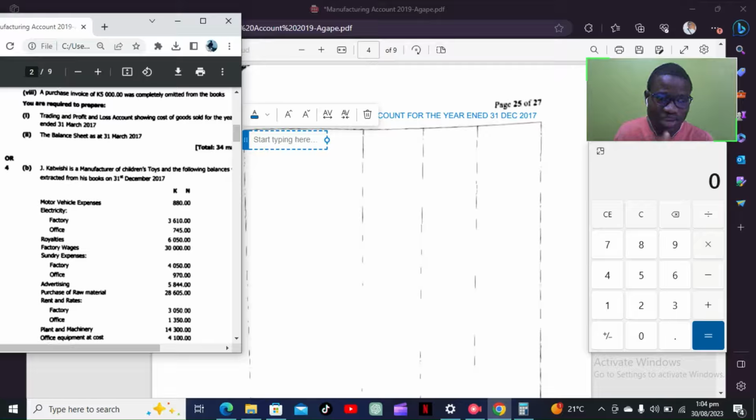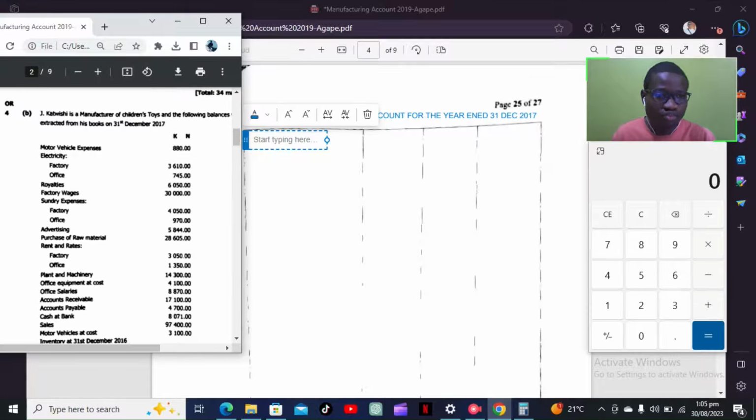In this question, the balances that were given include motor vehicle expenses and electricity. Electricity was for both the factory and the office. Then we have royalties. Royalties are simply, let's say, a trademark, some sort of procedure that a business follows in order to produce a certain good, and this is rented out, so one pays to use this procedure.